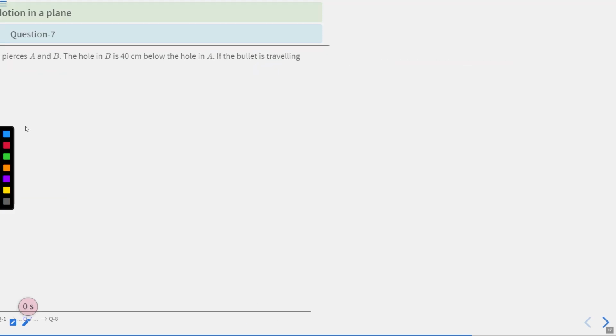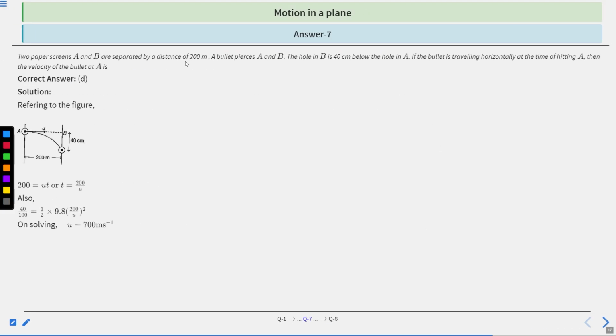Let's find the solution. A and B are separated by a distance of 200 meter. Clear? The hole in B is 40 centimeter below the hole in A. If the bullet is traveling horizontally at the time of hitting A, then the velocity of the bullet at A is what? Clear?